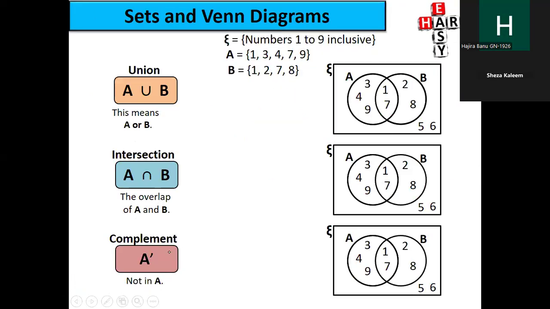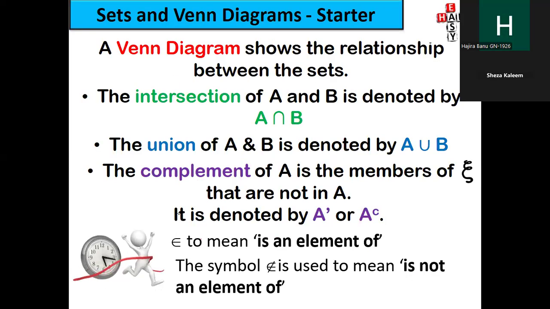When you write belongs to like this, then this is doesn't belong to, and it's not an element of. Okay? Is that clear?